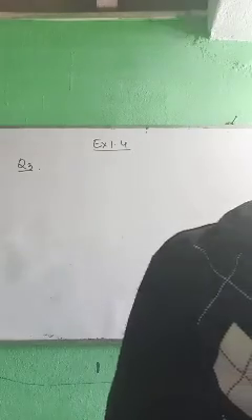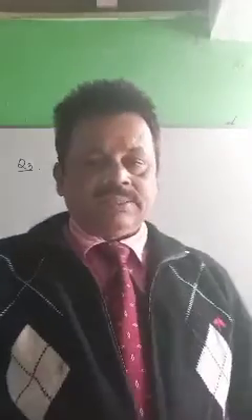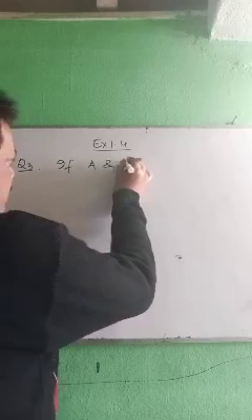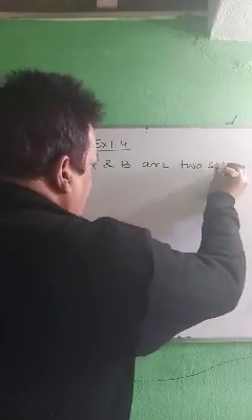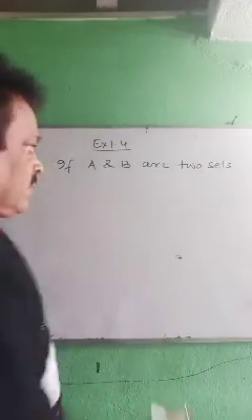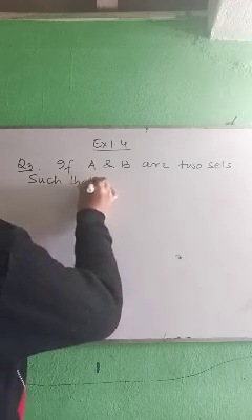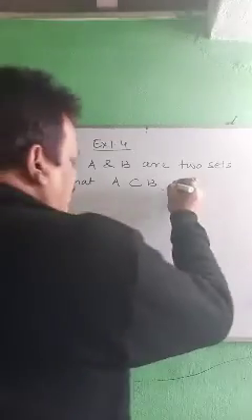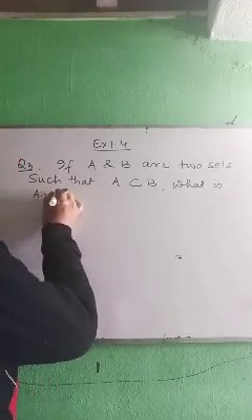The question is, if A and B are two sets such that A is a proper subset of B, what is A union B?